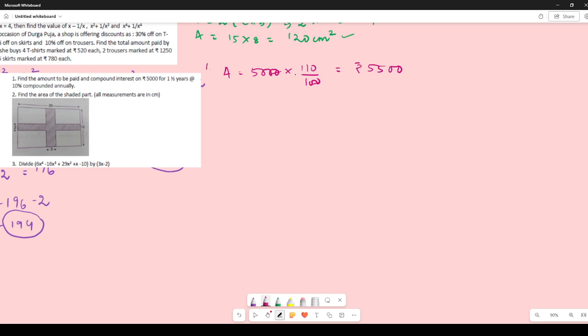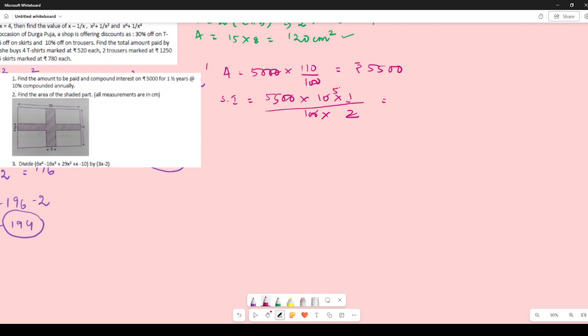Now remember, this is for 1 year. Now after half year, you have to do it in the simple interest method. The simple interest method will be principal 5500 into rate 10% into time, that is 6 by 12. So the time becomes 1 by 2 years, because it is only for half year that we have to calculate, right?